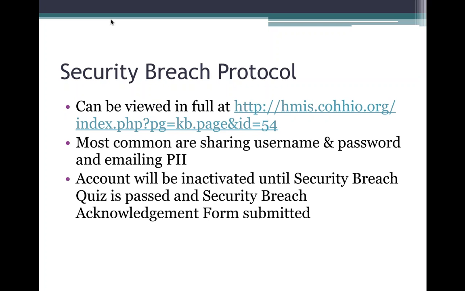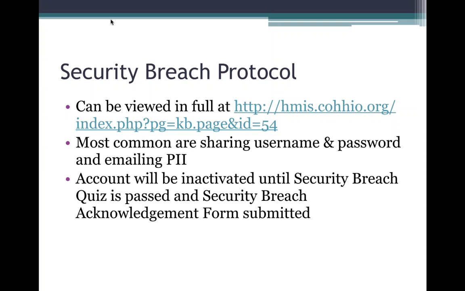So the security breach protocol can be viewed in full on our website. Again, most common mistakes are sharing a username and password or emailing personally identifying information. Once we become aware of the breach, your account is immediately inactivated. You have to take another quiz, kind of like the one you're going to take after this training.